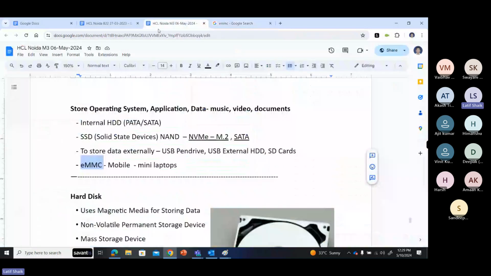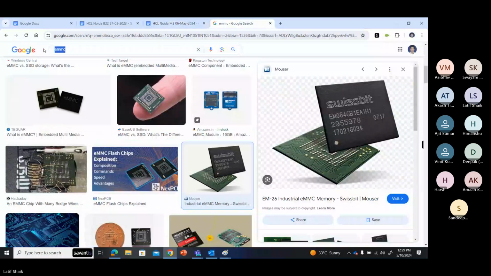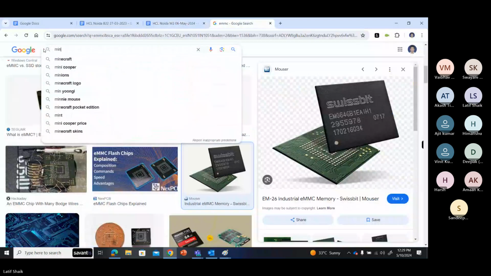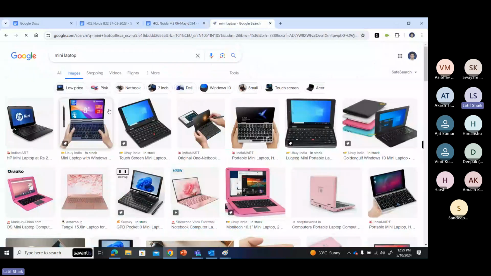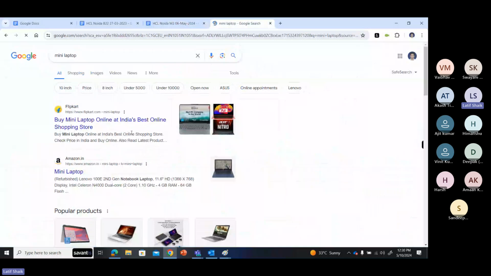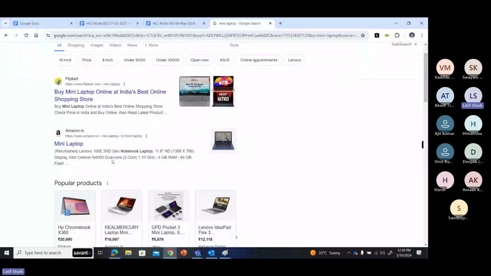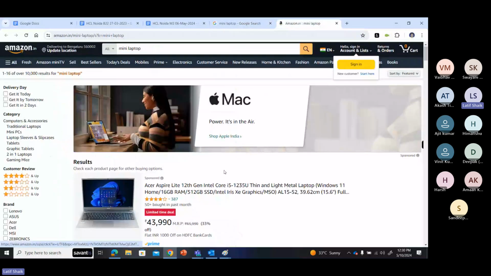Mini PCs, you can go to mini laptops. If you go to mini laptops around 15,000 or 14,000, you may see these on the internet. The storage is around 64 GB.